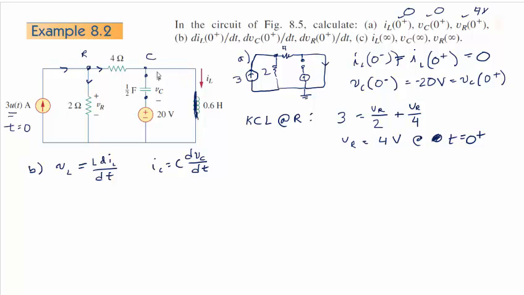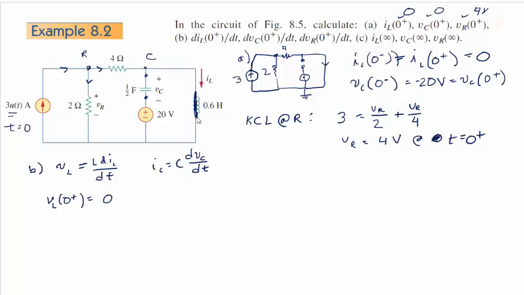Current right here at time 0 plus was 0, and this was a short, right? Because after infinite time, this is a short circuit right here. But yet no current was flowing, by virtue of looking at the circuit. Anyway, the fact that that's a short circuit implies that the voltage in the inductor at time 0 plus must equal 0.